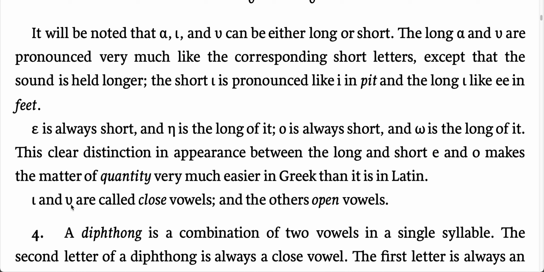The iota and the upsilon are called close vowels, and the other ones are called open vowels. You say, what's that about? This whole thing of closed vowels and open vowels, the difference is how you make the sound of the letter with your mouth. And so don't worry, it's a pronunciation thing.